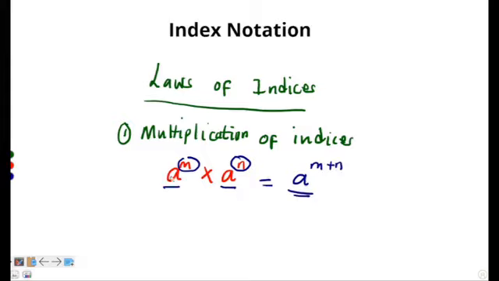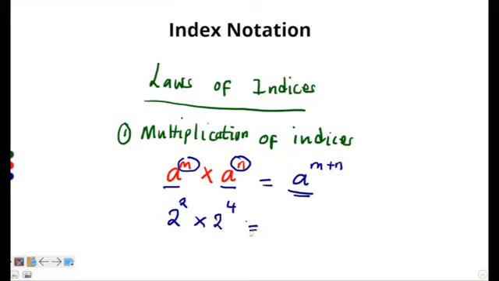We have simplified. In terms of numbers, let's say we have 2 to the power 2 times 2 to the power 4.